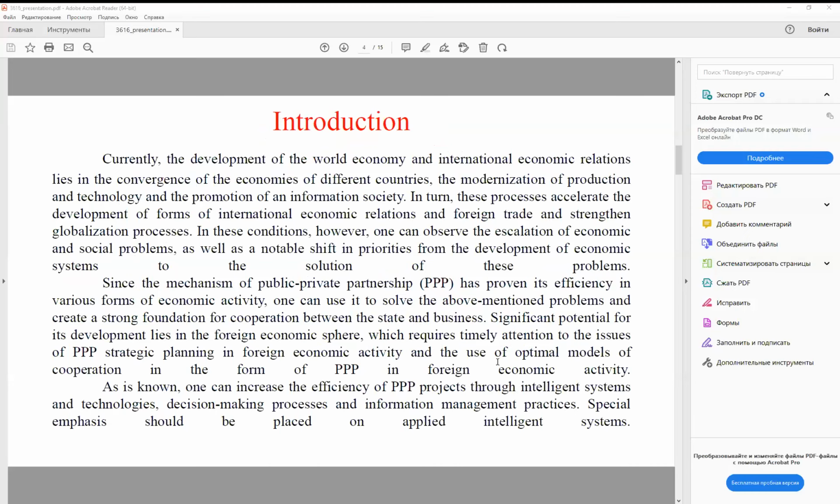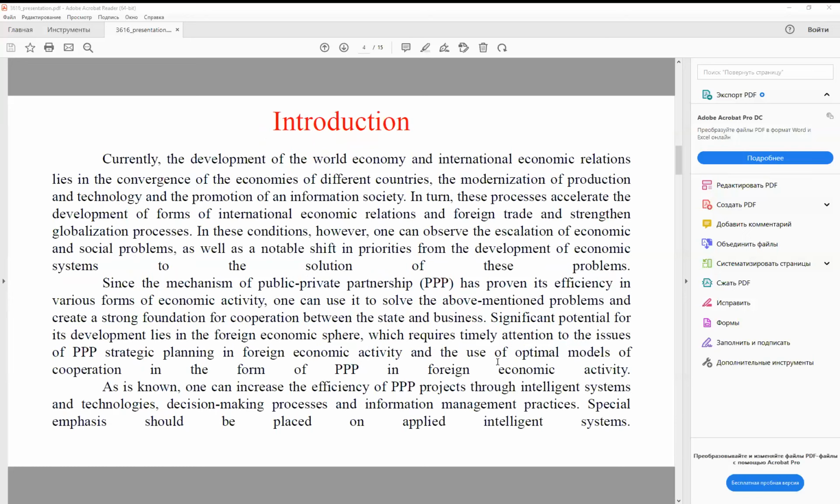Introduction. Currently, the development of the world economy and international economic relations lies in the convergence of the economies of different countries, the modernization of production and technology, and the promotion of an information society. In turn, these processes accelerate the development of forms of international economic relations and foreign trade and strengthen globalization processes.